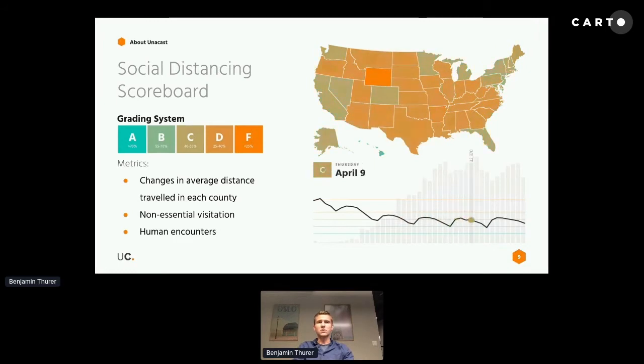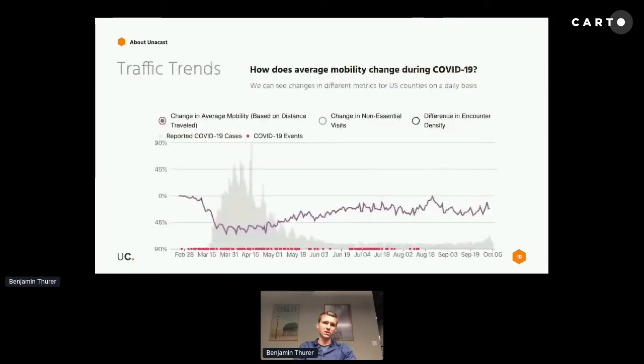It shows you a school grading system, but it also comes with different metrics, like the average distance traveled in an area, the visitation to non-essential stores, or the average encounters of humans in an area.